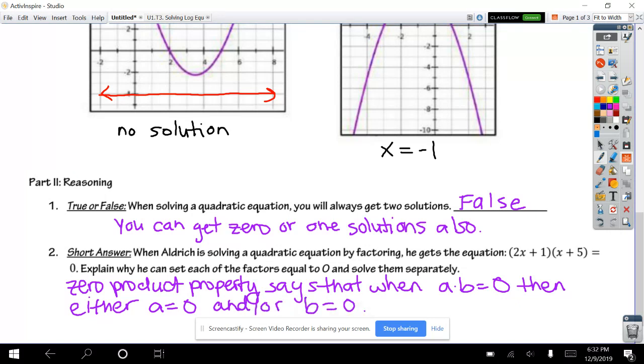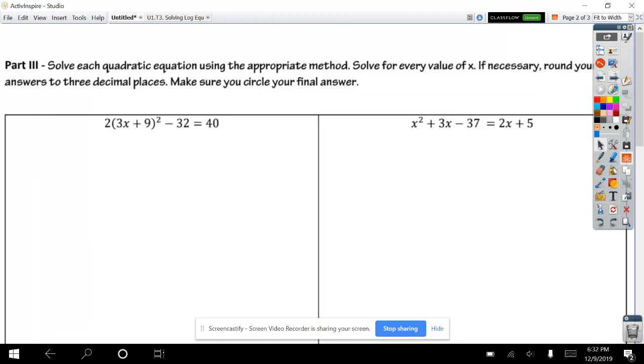So I'm basically just saying when you multiply 2 terms together and they're equal to 0, then that means one of the terms has to be 0. So however you say that in your own words is fine. I just said it very similar to the definition we learned. When A times B equals 0, then either A has to equal 0 and or B has to equal 0. That's the reason why you can set each factor equal to 0 to solve a quadratic equation when you're factoring.